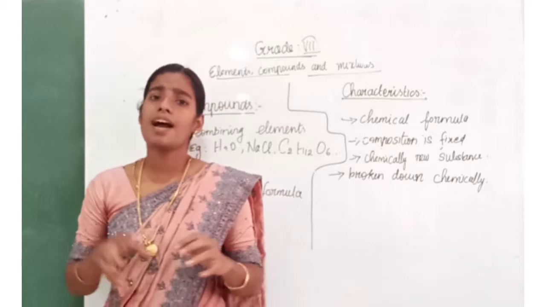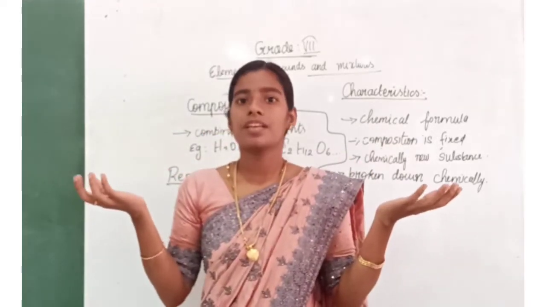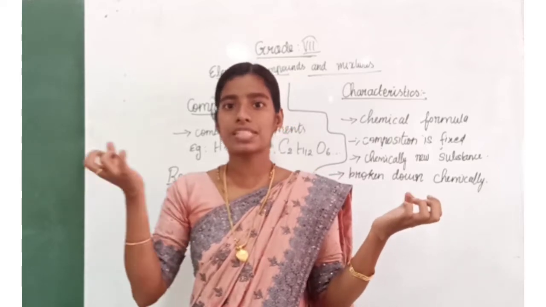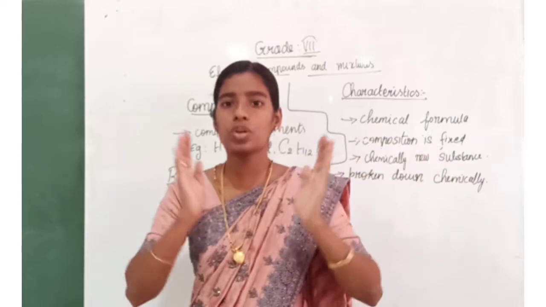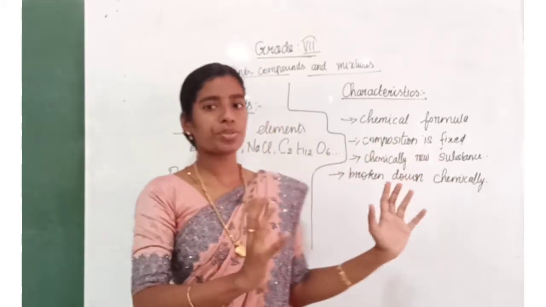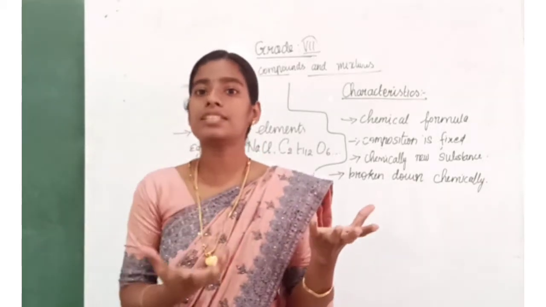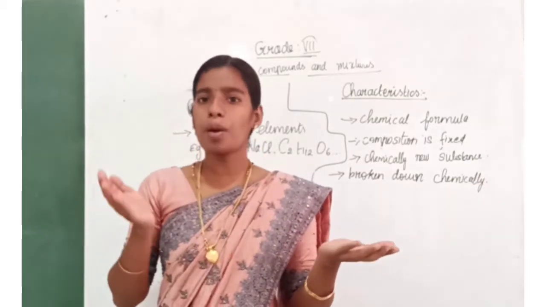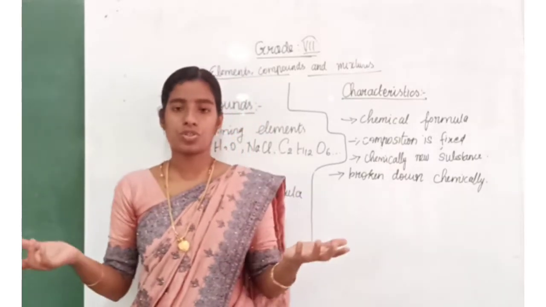Next one is that chemically new substances are formed. You have hydrogen separately and oxygen separately. Now you see the properties of this hydrogen and oxygen, and after you combine them as a water molecule, you consider the properties. The properties before and after will be different.